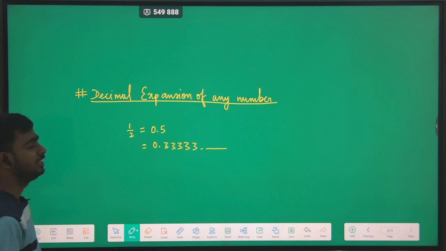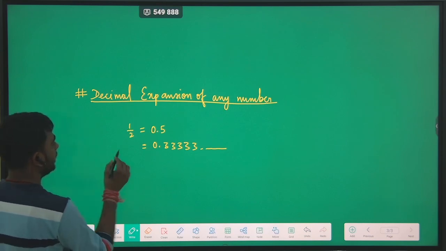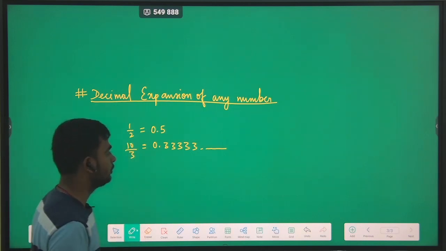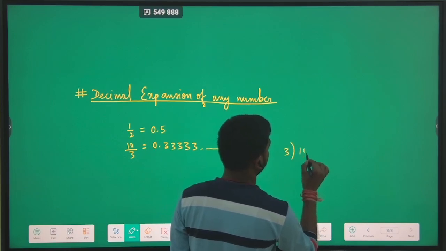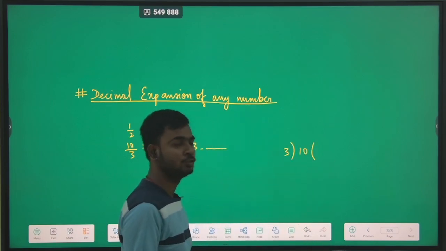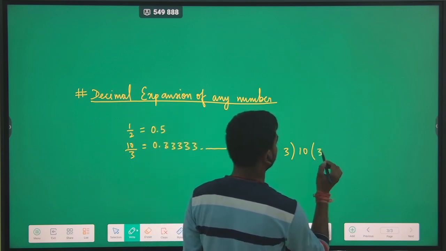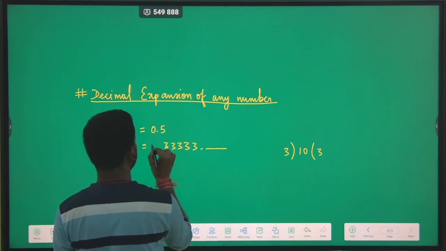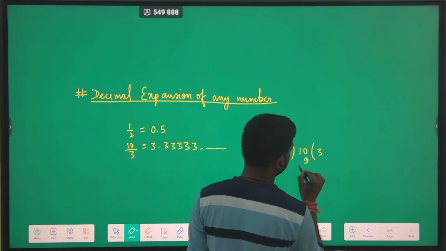For example, if the number is 10 upon 3, what do we get? We are dividing 10 by 3. So it will be like 3.333. 3 threes are 9.